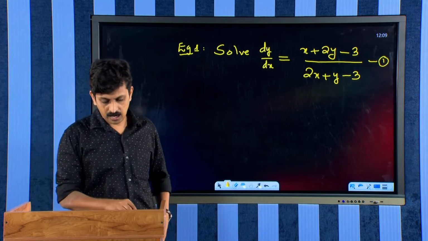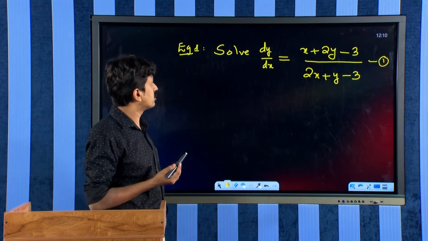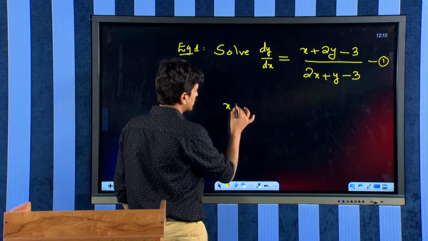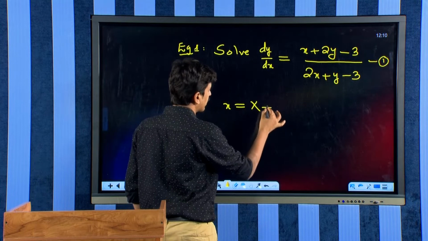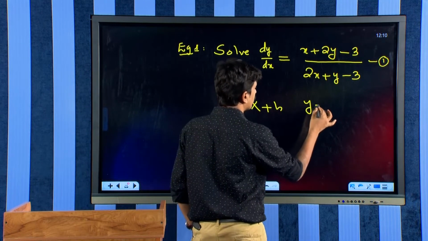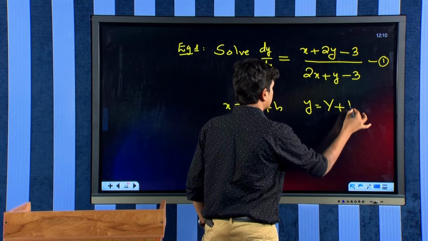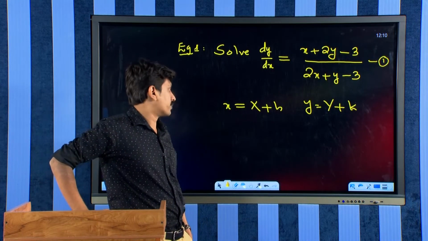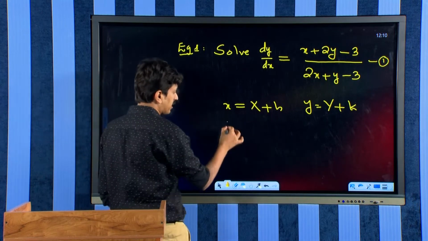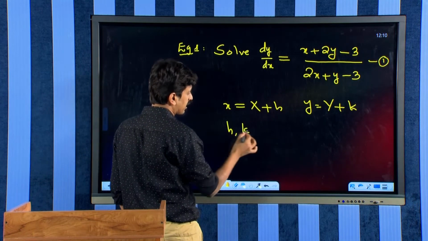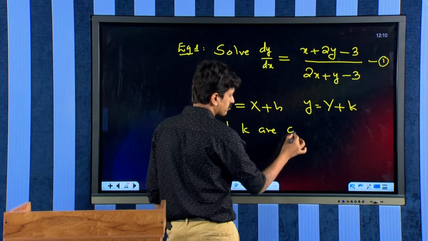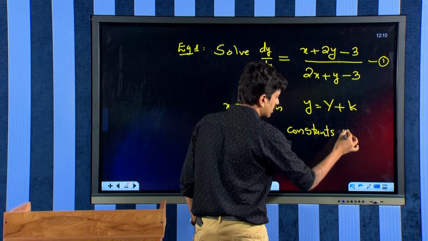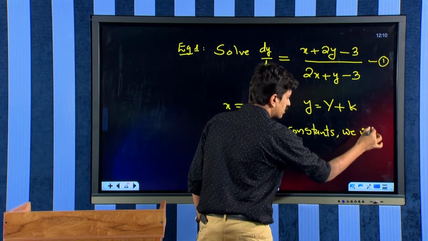Before that, I would like to put x equals capital X plus h and y equals capital Y plus k, where h and k are constants that we will determine.